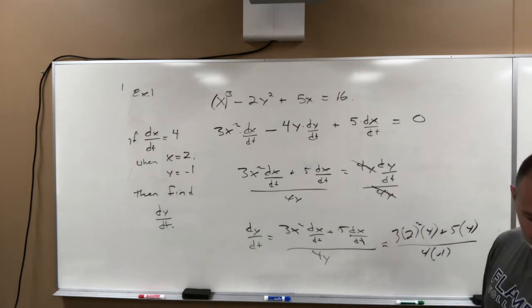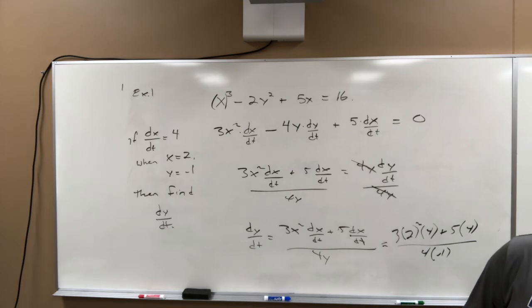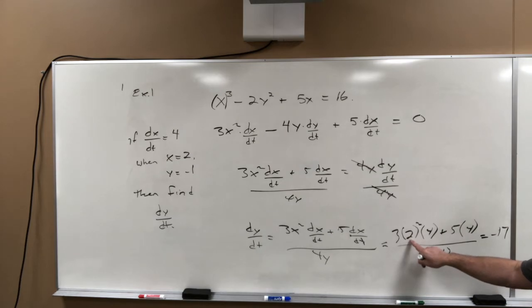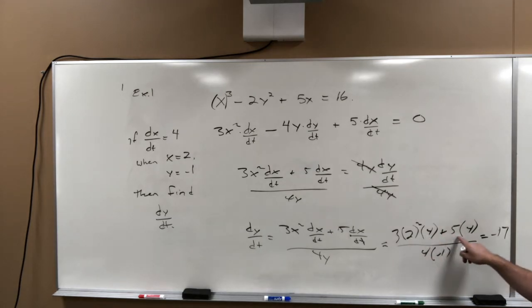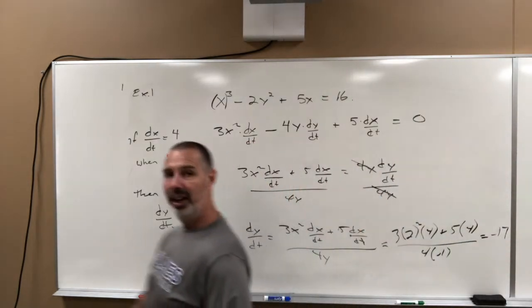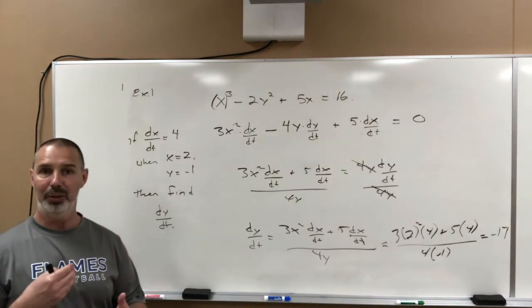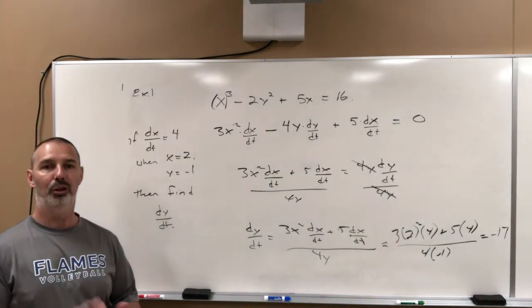And if we do that, and we do it all properly, we should get an answer of -17, I believe. Right, 3 times 4, 8, 16. Yep, divided by -4. Okay, so there we go. There we have our answer, our derivative. We have found dy/dt, which is again the derivative of y with respect to time.